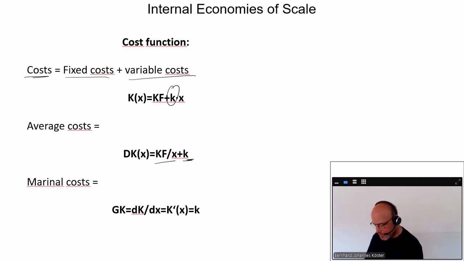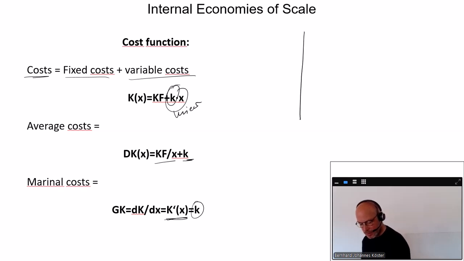This means marginal cost is just the derivative of our cost function. And if we have it linear, then in the end we have constant marginal costs.